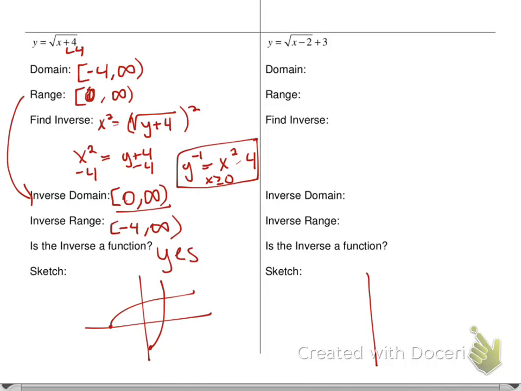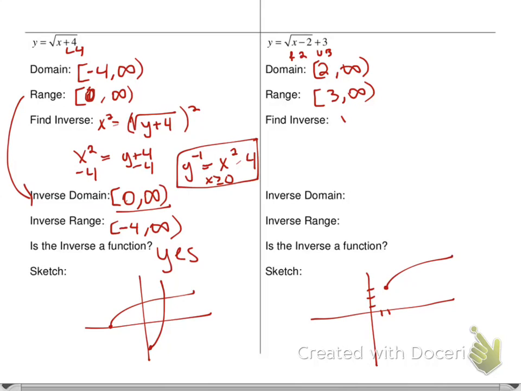I'm going to start by graphing the original question. So the original equation is going to move right 2, up 3. Okay, so I'm going to move right 2, up 3. Okay, the domain is 2 to infinity, and the range is 3 to infinity.